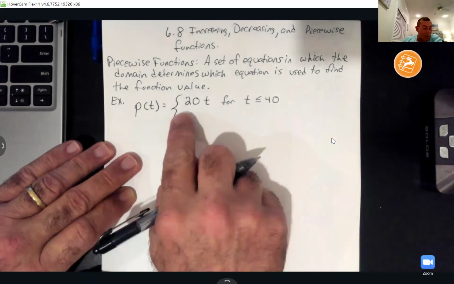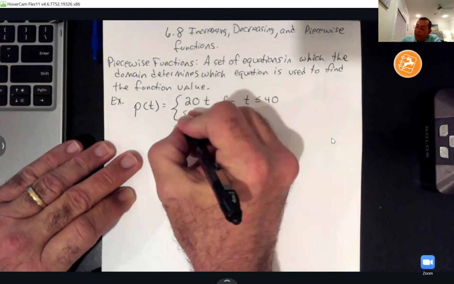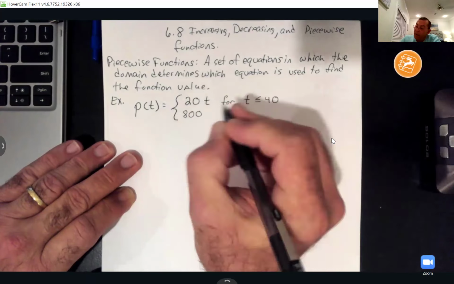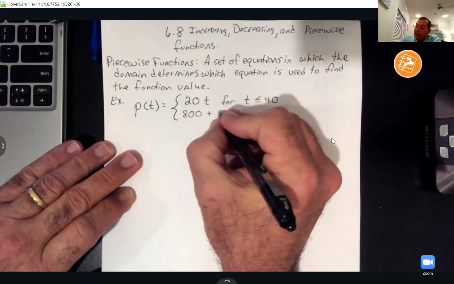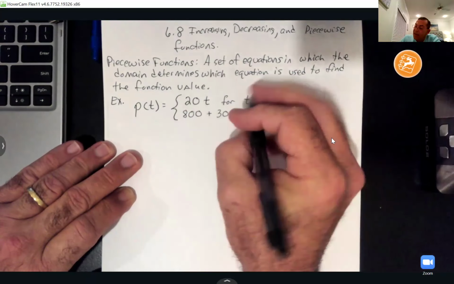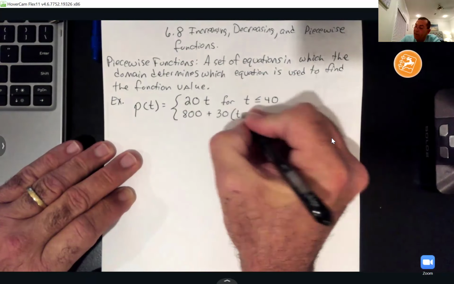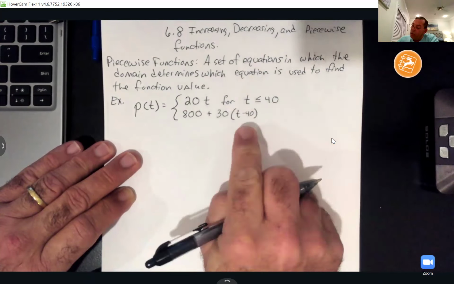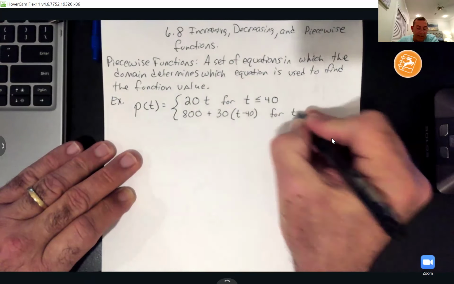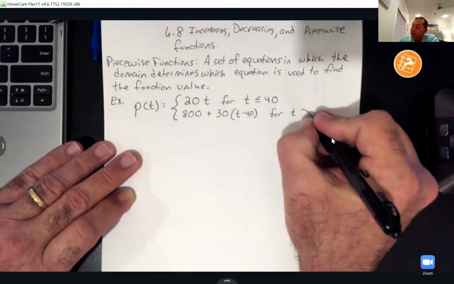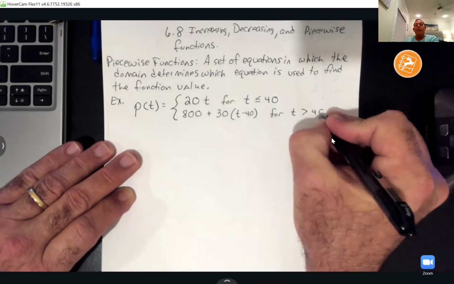Now my second equation is going to be 800 plus 30 times T minus 40. I will use this equation for any T that's greater than 40.